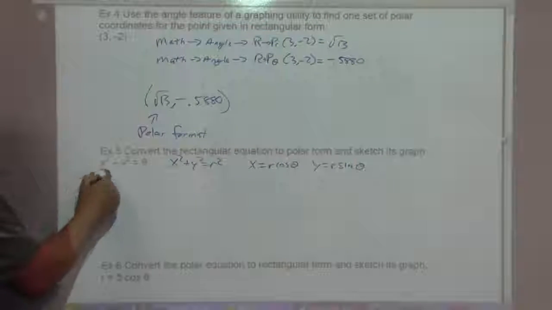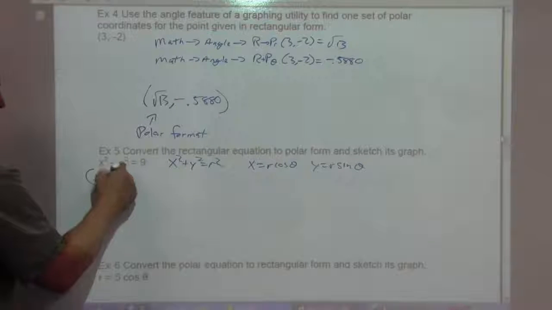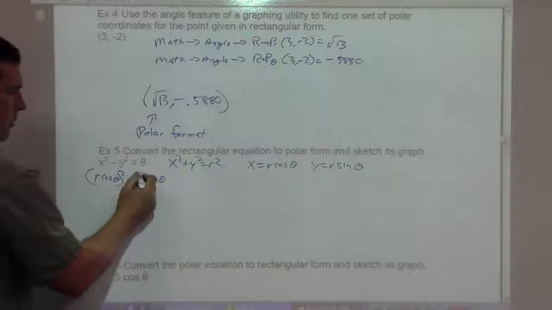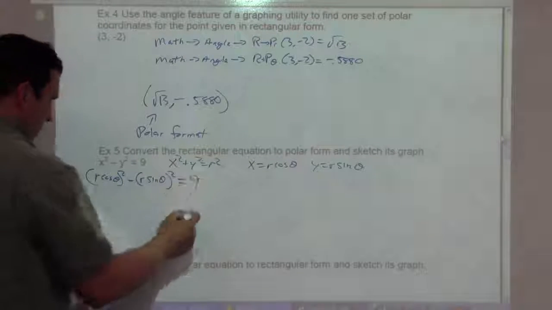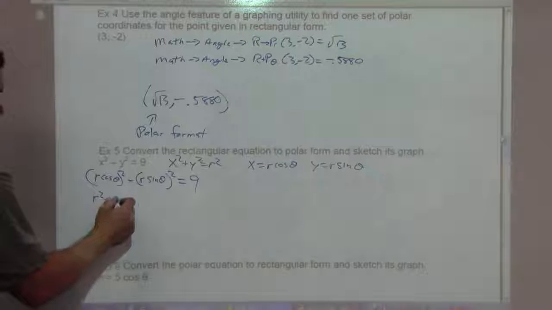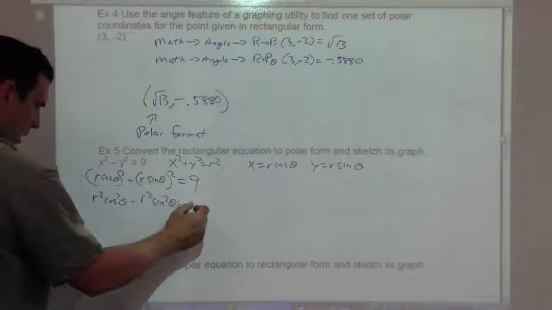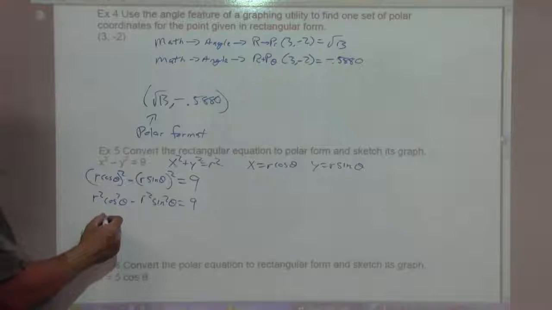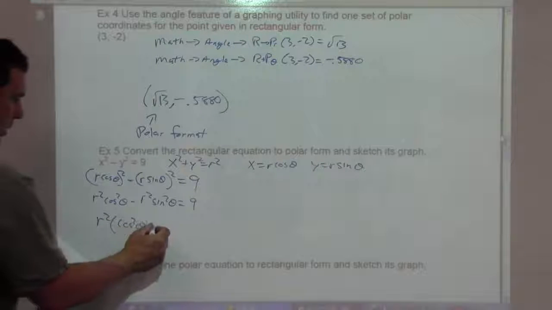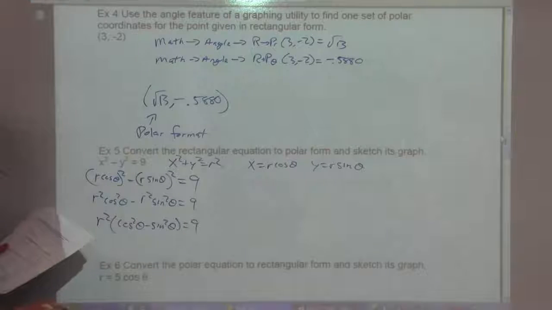So this x squared can be written as (r cosine theta) squared minus (r sine theta) squared equals 9. So r squared cosine squared theta minus r squared sine squared theta equals 9. So r squared times (cosine squared theta minus sine squared theta) equals 9.